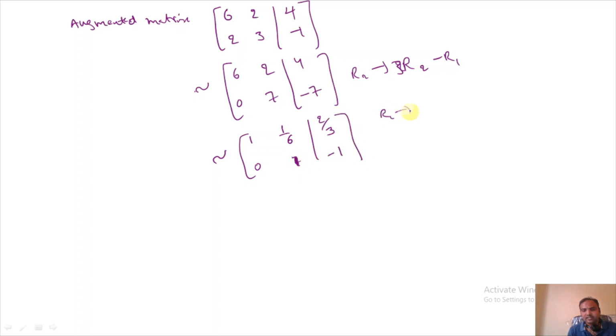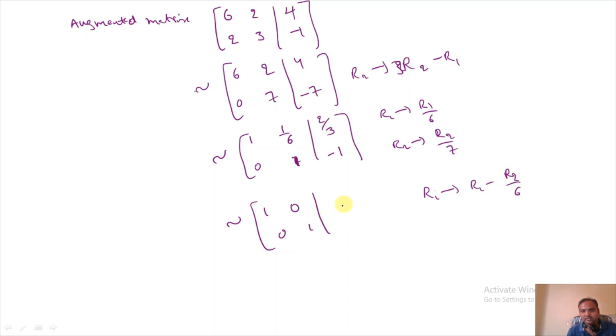I am applying R1 equals R1 by 6, R2 equals R2 by 7. Now convert to this: 0, 1, 0, 0, 1. What is the one? Now apply R1 equals R1 minus R2 divided by 6, 0.